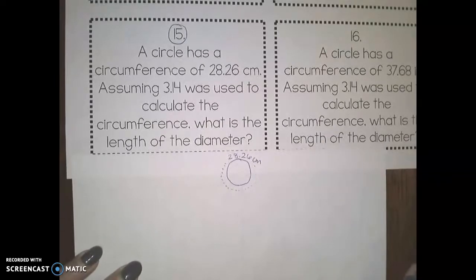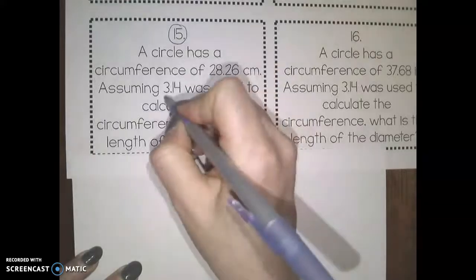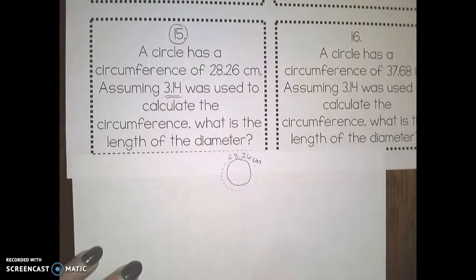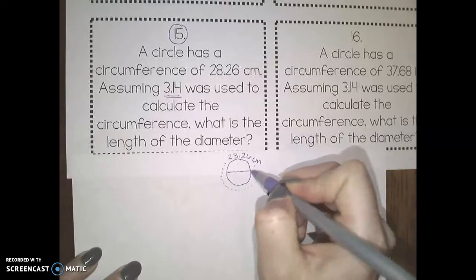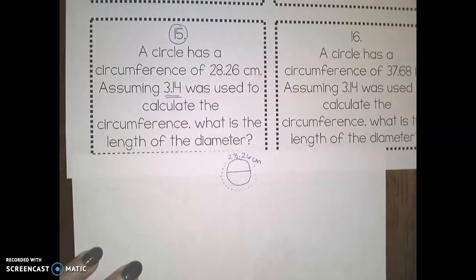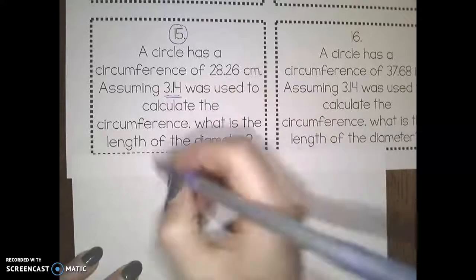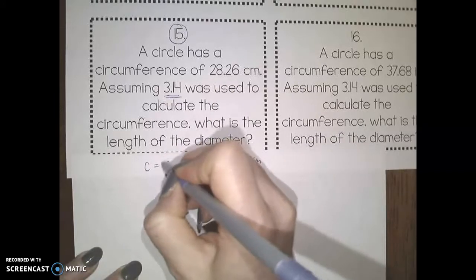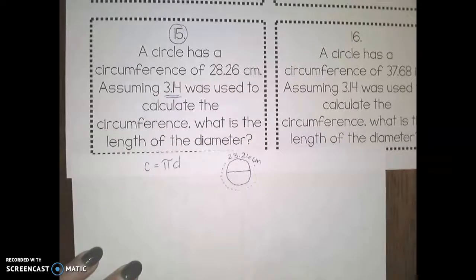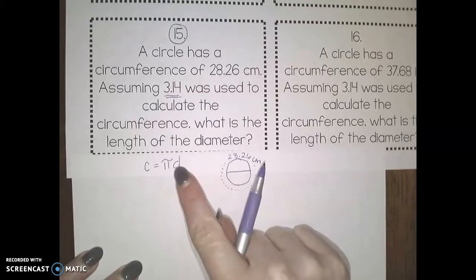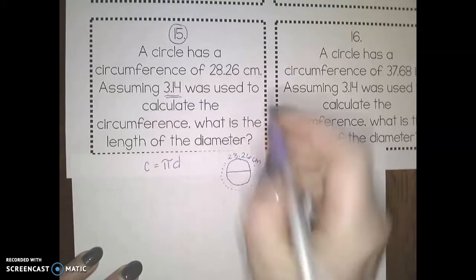Okay, so the distance around the entire outside is 28.26 centimeters. And here it's saying assume that we are going to use 3.14 to calculate the circumference. I want you to tell me what the diameter is. So we're given the circumference, so I'm going to use my circumference formula, because that's going to help me solve for the diameter, because that's what the question's asking.